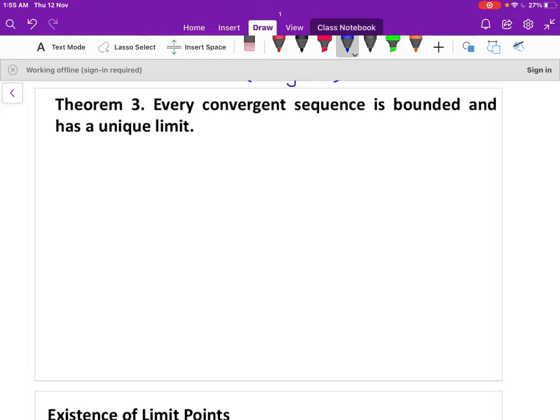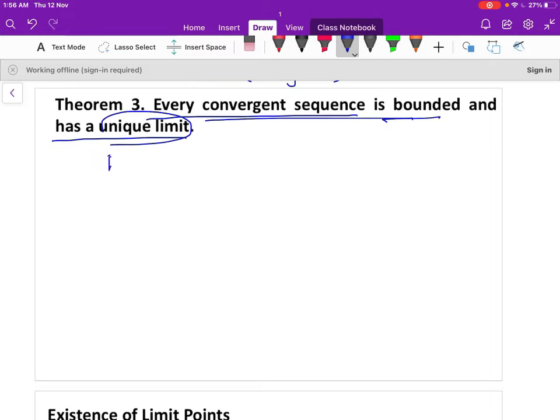Now we'll move to the next theorem. Every convergent sequence is bounded and has a unique limit point. But we know the previous two theorems. The first theorem says that every convergent sequence has a unique limit point, and the second theorem says that every convergent sequence is bounded.